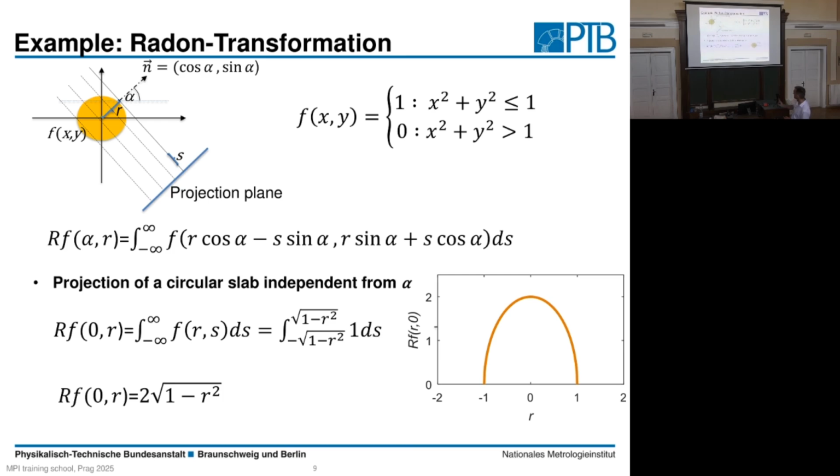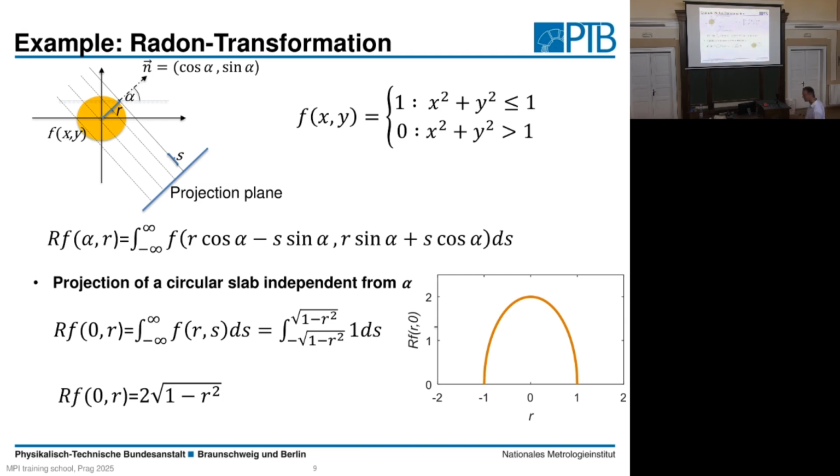So x we get as part of vector n, which is in the direction of r. This is cosinus alpha multiplied by r. And then we have to follow the line. And this is perpendicular to n. And by this it's minus sinus alpha and s. And respectively, we can do this for y and get this expression.